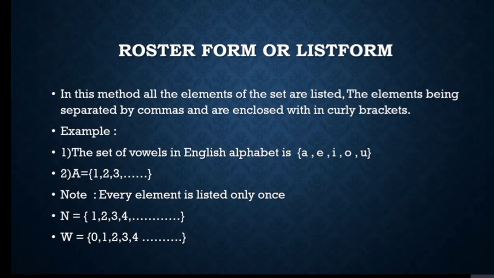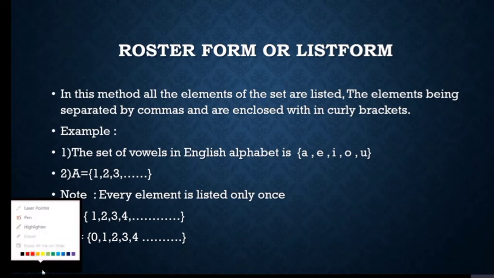Now we will see in mathematics where we can apply this concept. Suppose the set of natural numbers can be written as N is equal to the set of 1, 2, 3, 4, and so on.